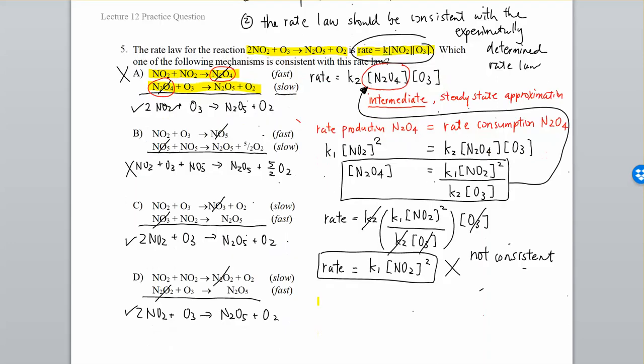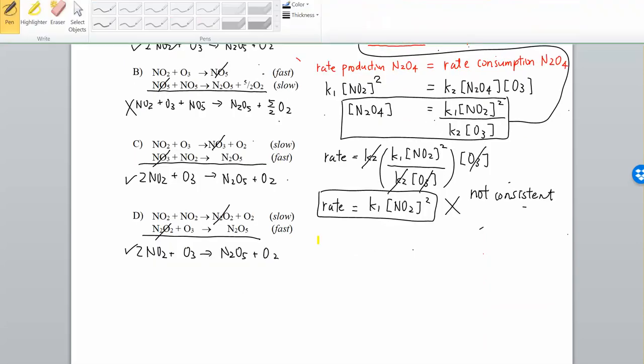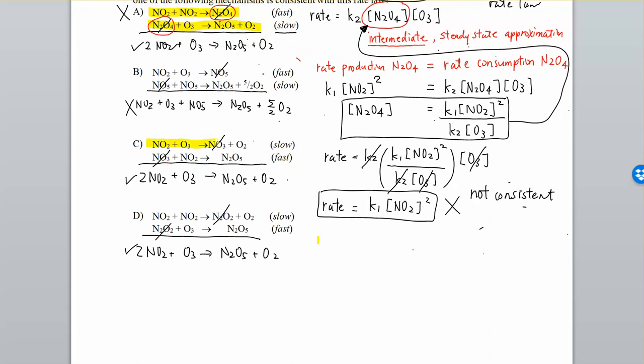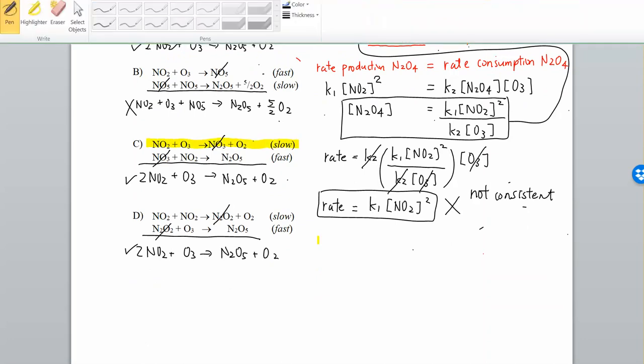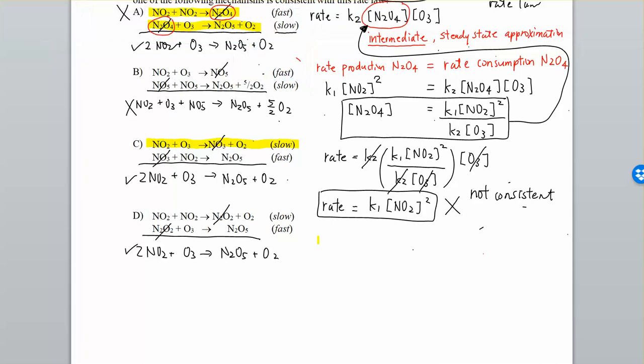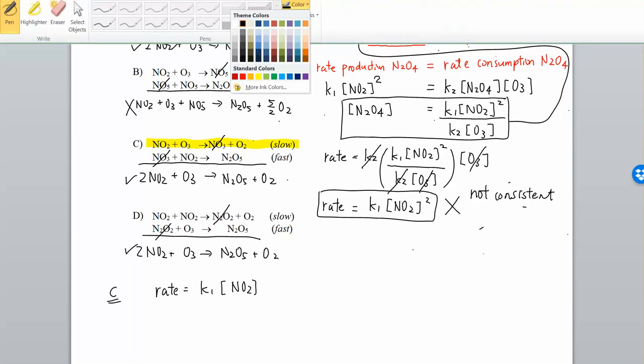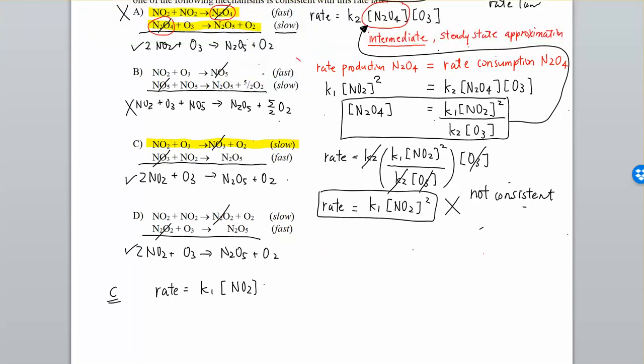All right, so let's move on to C. In C, we can see the slow step is actually the first step right here, which means the rate law for the mechanism proposed in C is the same as the rate law of step number 1, the slow step, i.e. the rate-determining step. So for C, I can write the rate law as k1 times concentration of NO2 times concentration of O3.